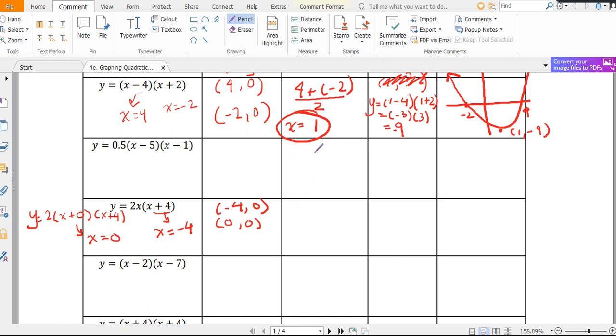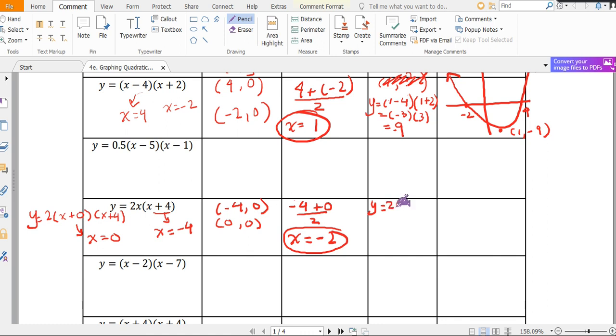Okay, again, let's follow the axis of symmetry. So in this case, it's going to be negative 4 plus 0 divided by 2. So the axis of symmetry should be at negative 2. Okay, now what is my vertex? So my original equation was this. So I'm just going to substitute x for negative 2.